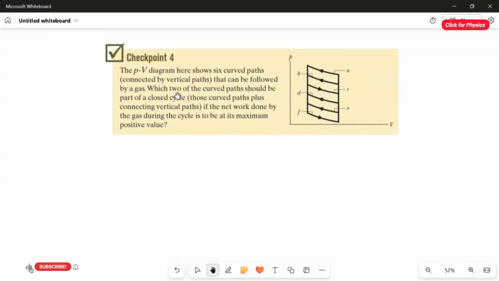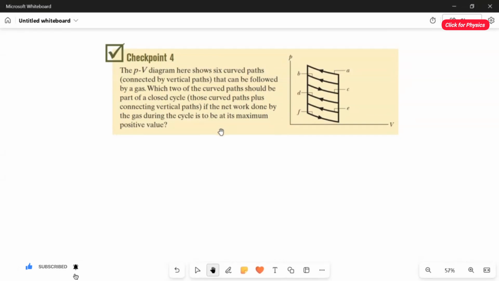Now what we have to do: which two of the curved paths should be a part of the closed cycle? You have to take only 2 curved paths to form a closed cycle. And for that cycle, the most important thing is that the net work done by the gas during the cycle has to have the maximum positive value.